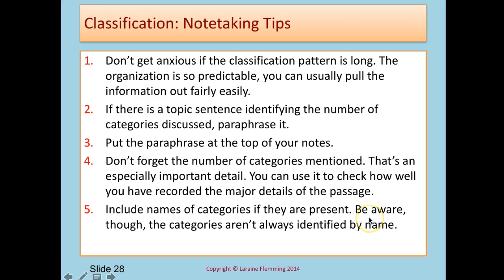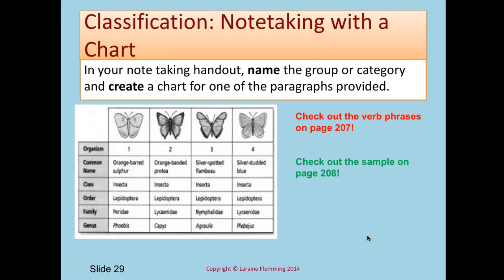Include the names of the categories if they're given, and be aware that the categories aren't always necessarily defined by name, which makes it even more challenging to take notes on. So here in this particular example, we have a classification shown. I'd like you to also turn to page 207 in your book, and you'll find that there are some verb phrases that often appear in this type of pattern.